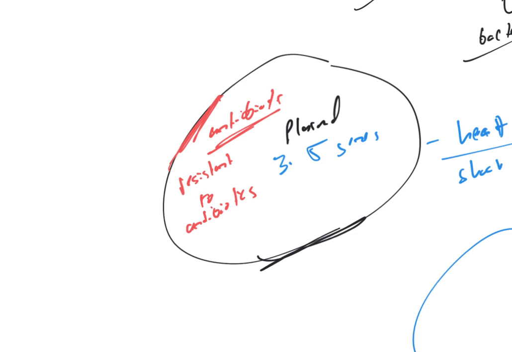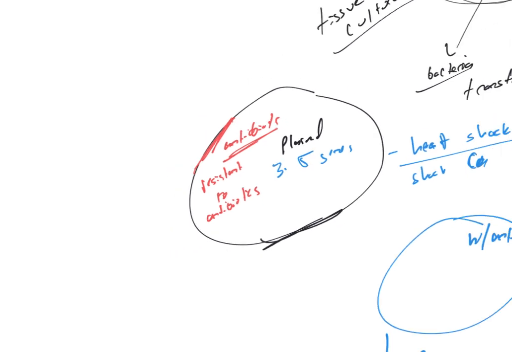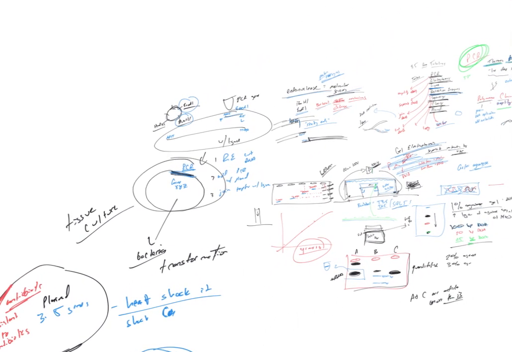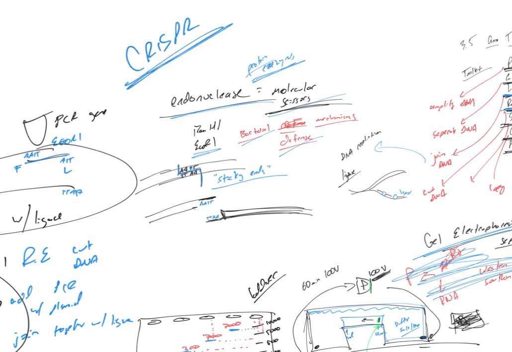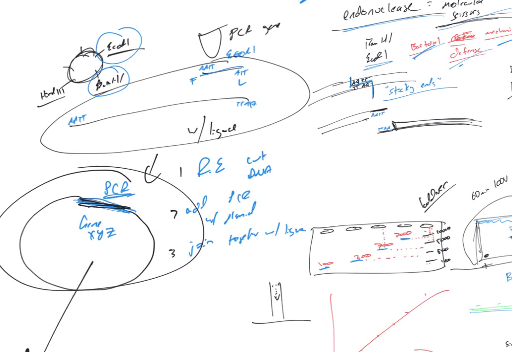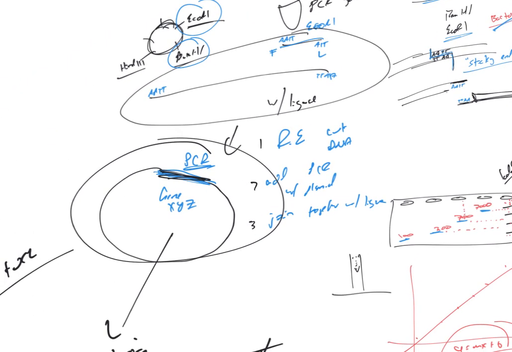Now we have CRISPR, and it's the exact same idea. CRISPR, which we're not going to get into because it's not going to be on the exam anytime soon, is another bacterial defense mechanism, and it allows us to edit living cells. When you put a gene into a cell, you have to grow it up, and you're not making a whole new organism.